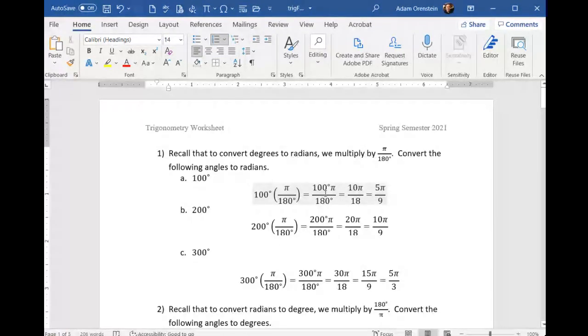I do cancel out a factor of 10 from top and bottom, right? Because if you have a 0 as the last digit, then 10 is a factor. So we get 10 pi over 18. You could take it a step further and divide top and bottom by 2, since both numbers are even, and get 5 pi over 9.